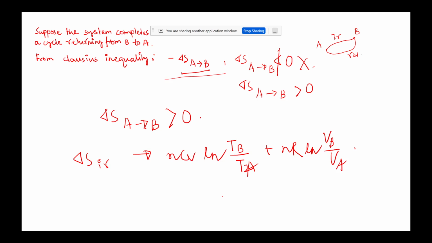And from that we can conclude that delta S A to B will be greater than 0.